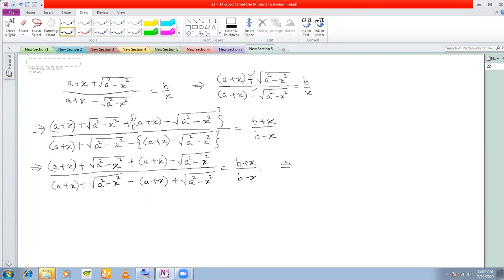Now next, what will cancel here? You see that in the numerator this cancels, and in the denominator a plus x and a plus x cancel. So what you get in the numerator is twice a plus x divided by twice root a square minus x square.